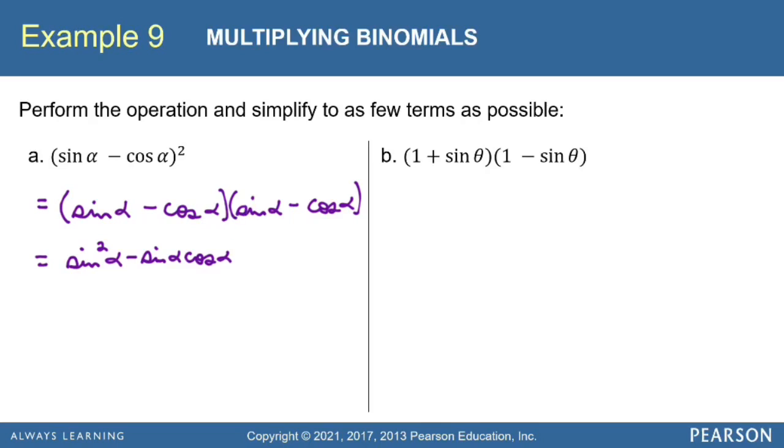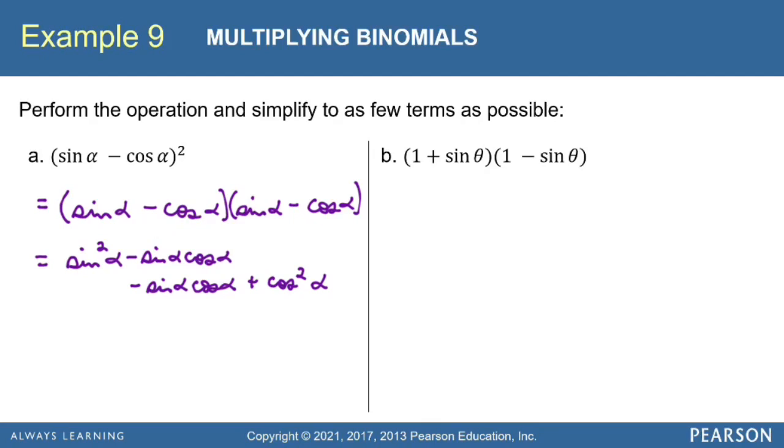But in order to keep my like terms looking alike, I'm going to keep the sines and cosines in the same order every time. So I'm going to write minus sine of alpha times cosine of alpha. And then for last times last, negative times negative will make positive cosine squared of alpha.